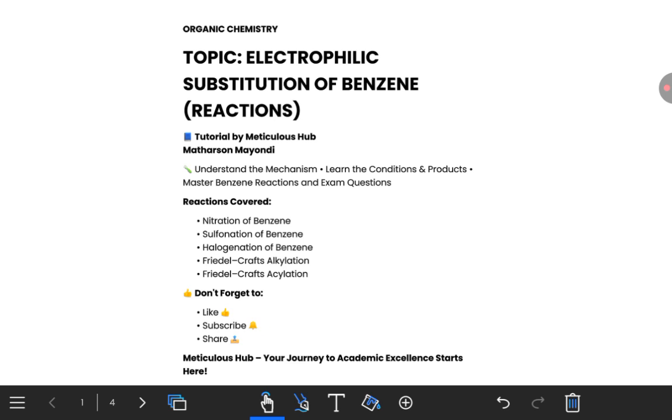Our key objective here will be understanding the term electrophilic substitution of benzene by trying to understand some key chemical reactions and also learn the conditions and the products which are produced in this electrophilic substitution of benzene.